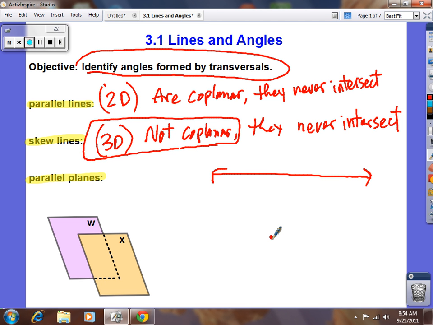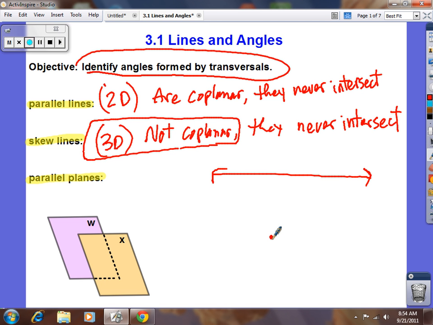So think of this floor right here. This floor is a plane. It goes forever in both directions, to the left, right, and north and south. You can have lines in this plane that go any direction. We can have a line that goes diagonal. Okay? Now you got a plane right here, the ceiling. If I have a line in the ceiling, is it going to ever cross with a line in the floor?